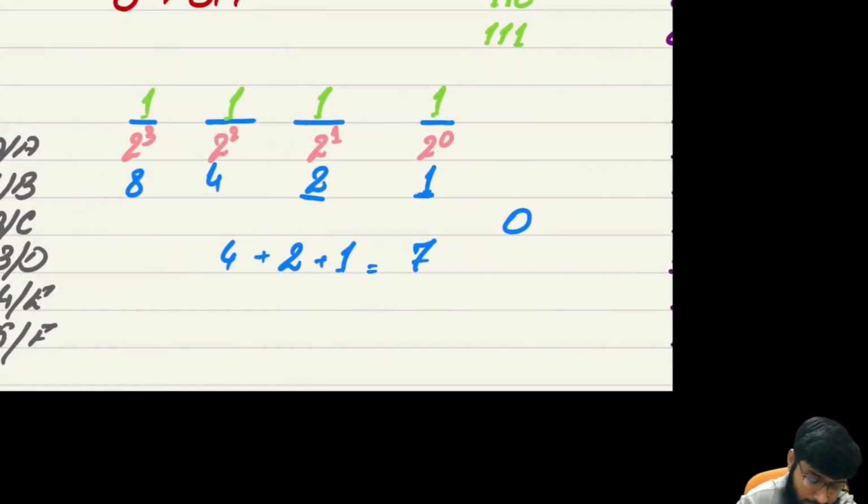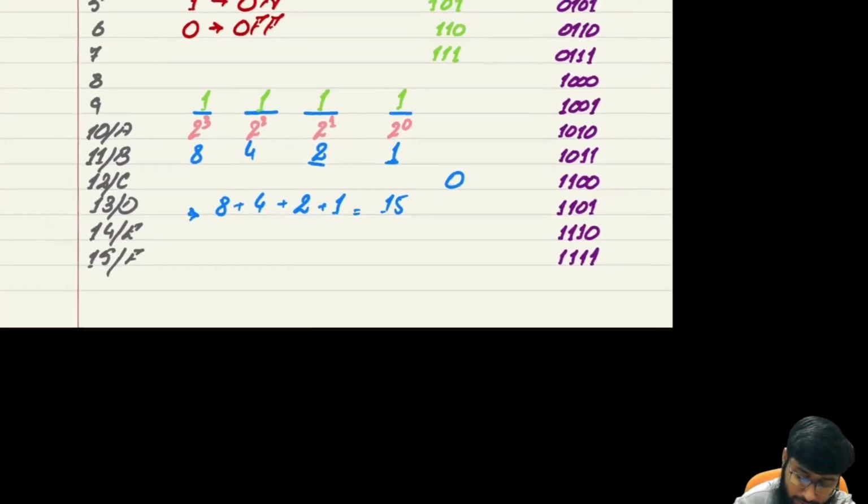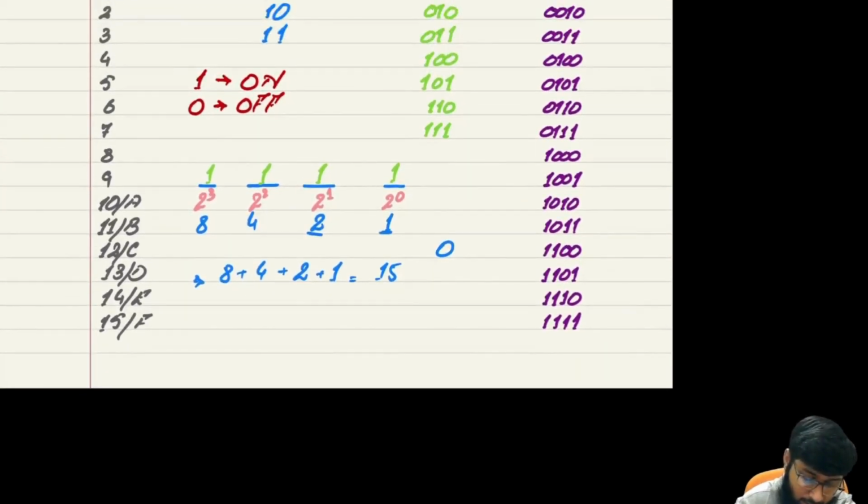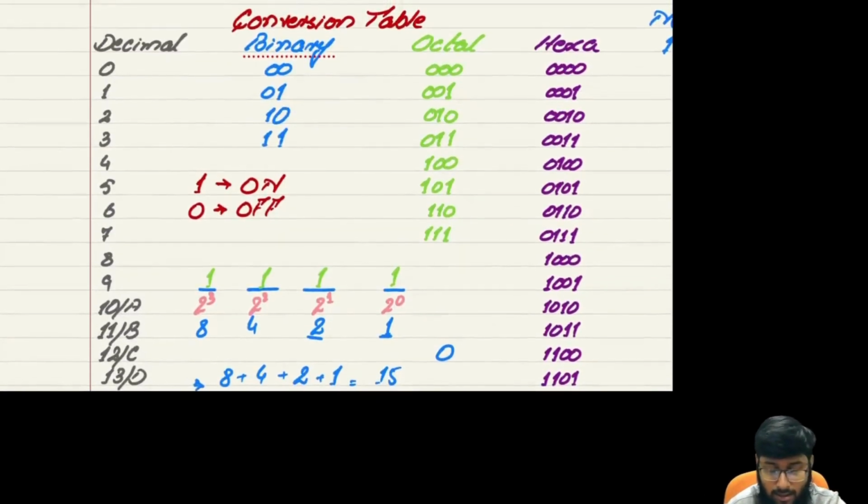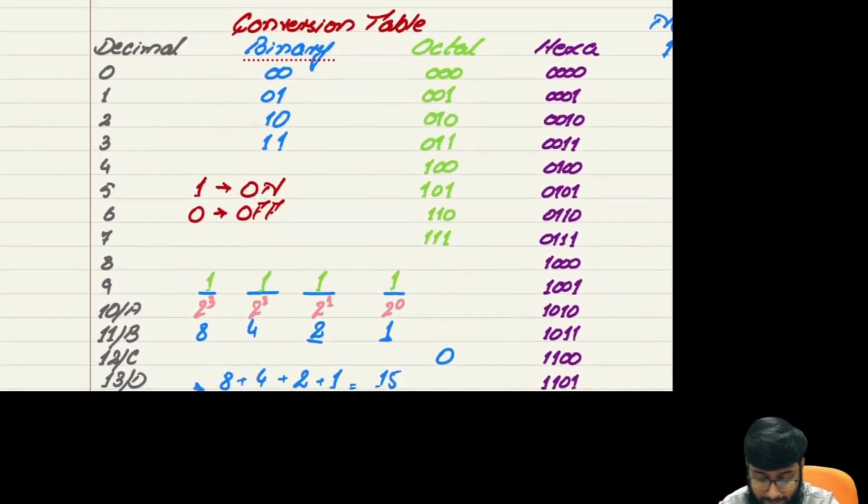So we will be having 8 plus 4 plus 2 plus 1, and the answer that we will be getting is 15 over here. If you can see in front of 15, in the similar row for the 15, we are having 1 1 1 1 at the moment. So this is how these conversion tables are created.